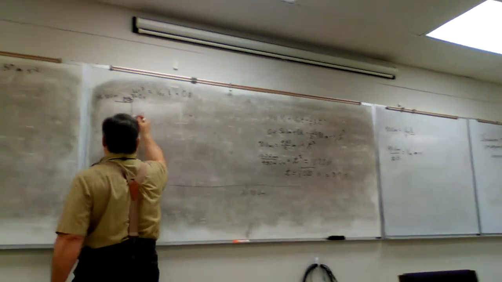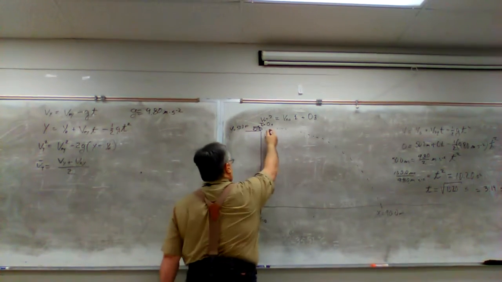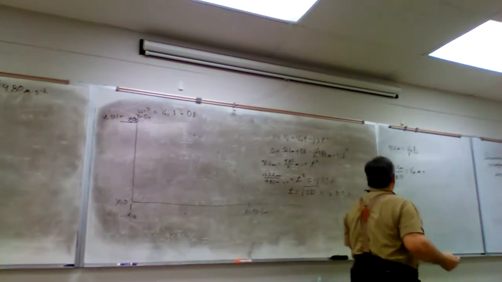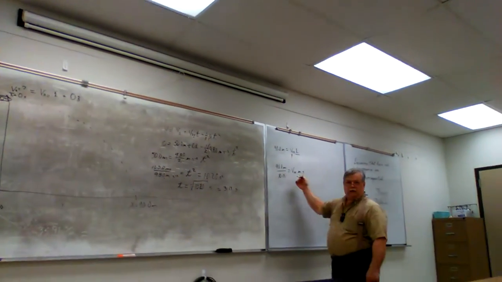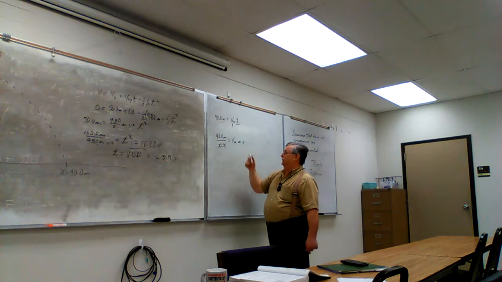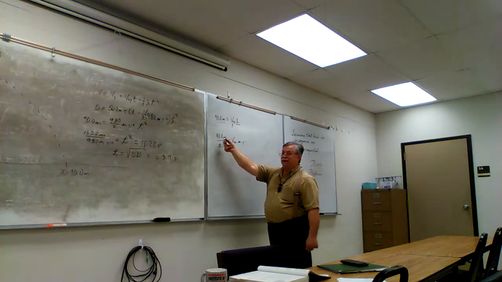That is how long it's going to take this motorcycle to fall 50 meters. That also now tells us how long it's going to be in the air, so we can now find out what its horizontal velocity has to be in order for it to travel 90 meters.